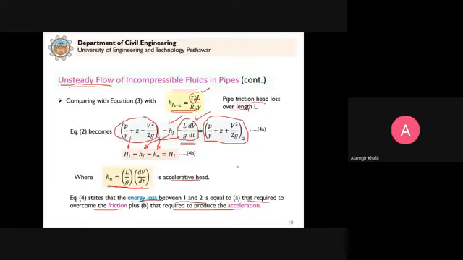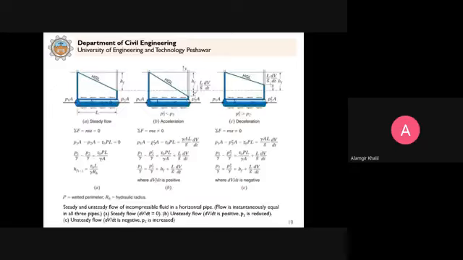You can see here that we have steady and unsteady flow of incompressible fluid in a horizontal pipe. Flow is the same for all the three cases. Now in this case we have the steady flow, so dV by dt is equal to 0. This is what we did in chapter 8, and we get HF equal to this value.